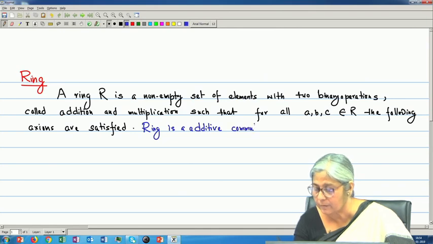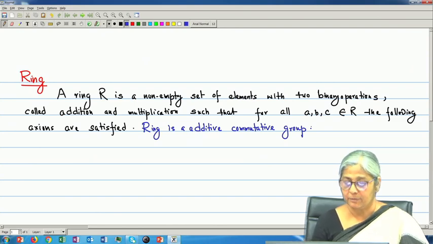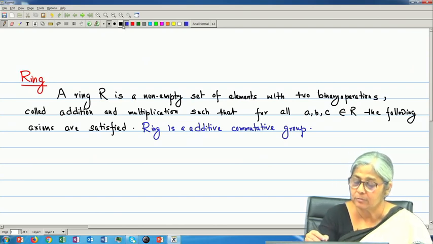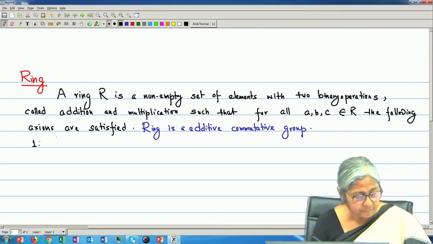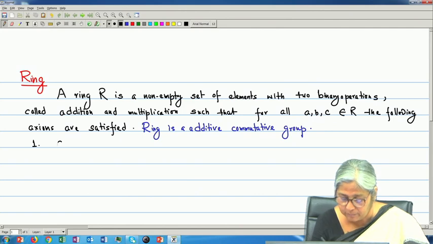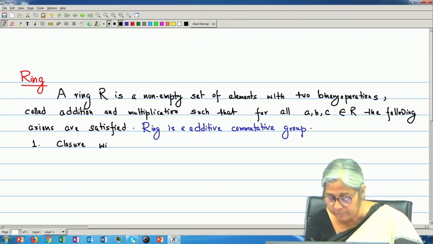Obviously, since it is a group, the properties of a group must be satisfied. We remember that it must satisfy closure, and since now we have two operations, closure with respect to addition.